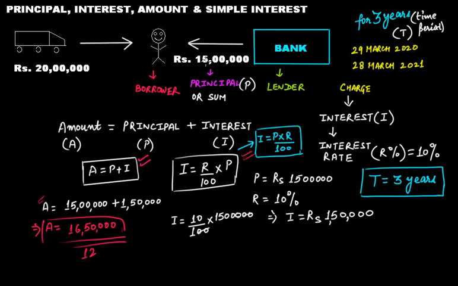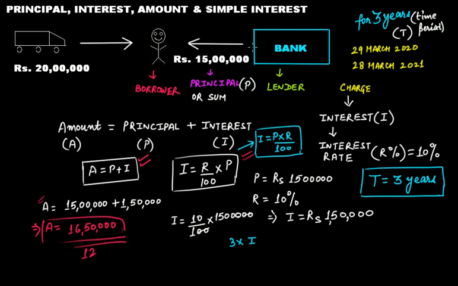Of course, the bank has given you this amount for 3 years. So this is only for 1 year, but for 3 years this will be 3 times I. This interest will be for 3 years because you have borrowed in this scenario for 3 years, and that is what is called simple interest.